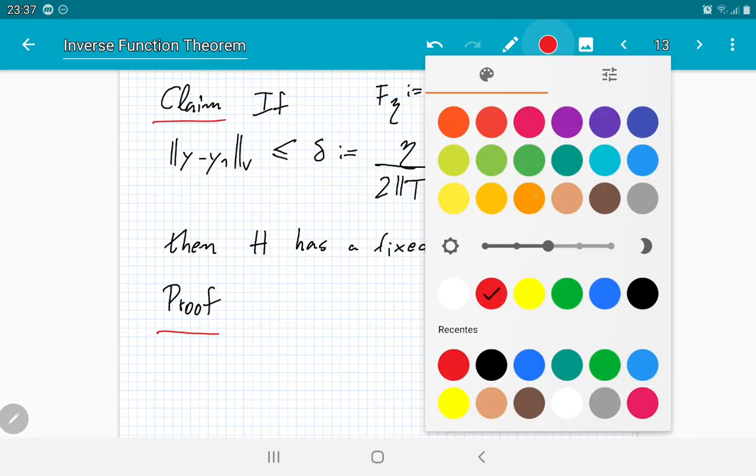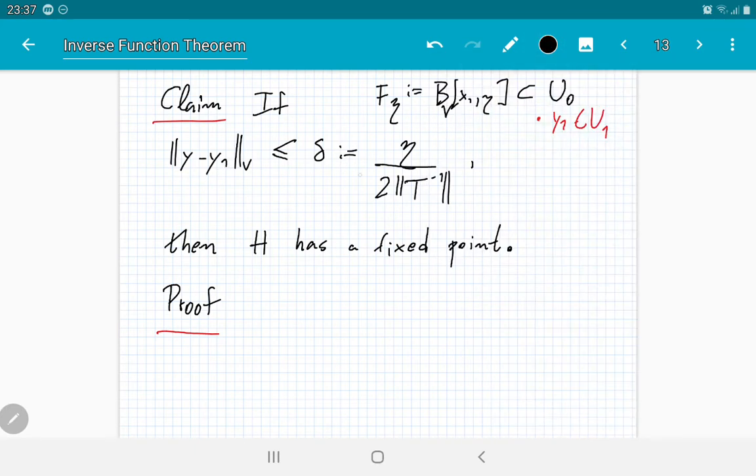My claim is that if the distance between y and y1 is less than delta, which is this number here, then h has a fixed point, or the same, there exists an x in f of eta such that f of x is equal to y. So if this condition is satisfied, then y has a preimage, and therefore it is in U1.